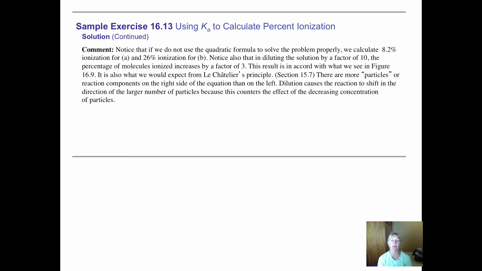And a way to think of that is that when you diluted it out by a factor of 10, it's like the left-hand side goes, oh, we don't have enough ions over there on the right-hand side. Let's hurry up and go ionize with the water and form more ions. So dilution of a weak acid's concentration is going to shift its equilibrium to the direction of producing the larger number of particles, which of course in this case would be to the right-hand side.